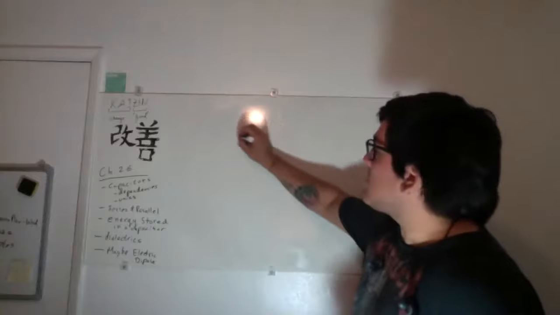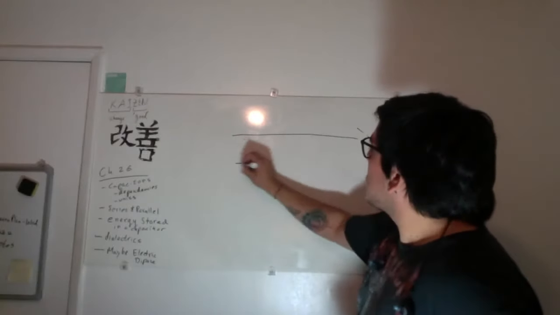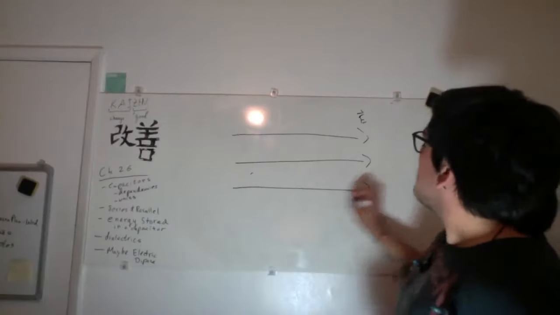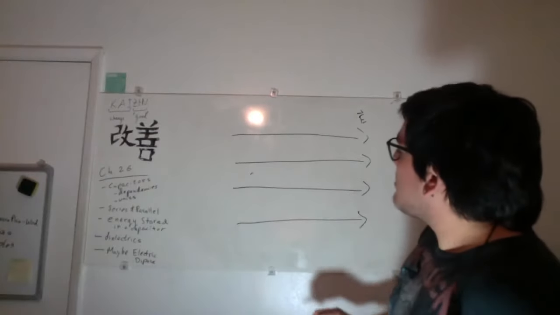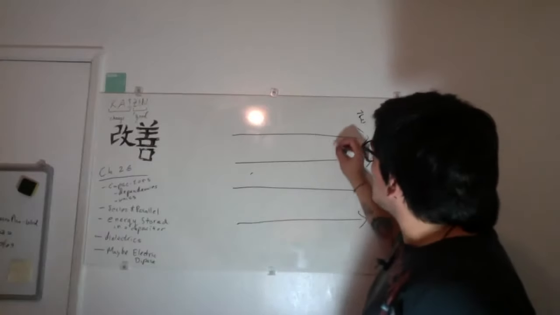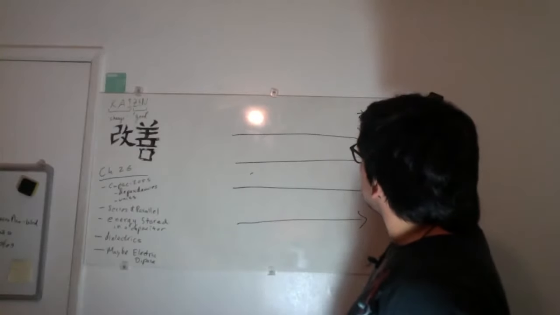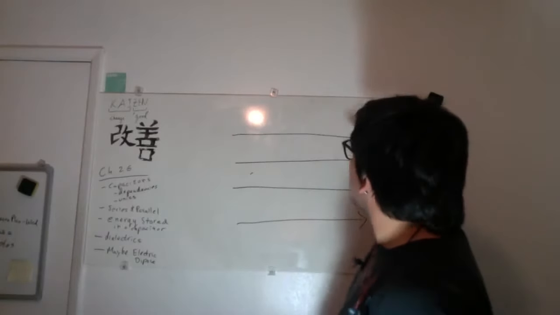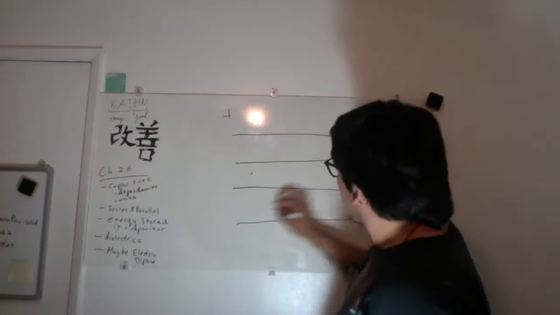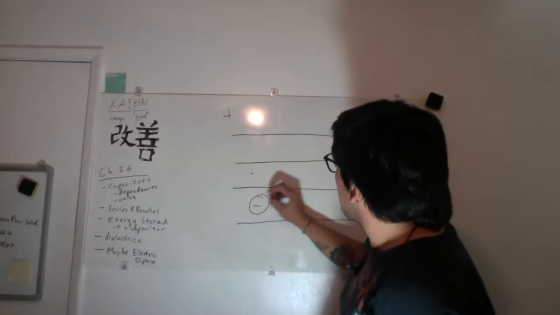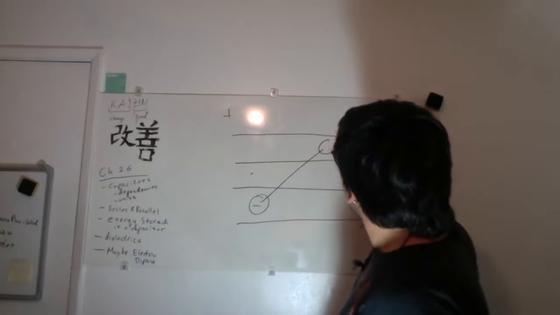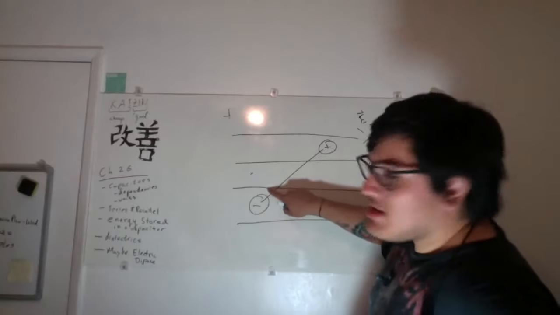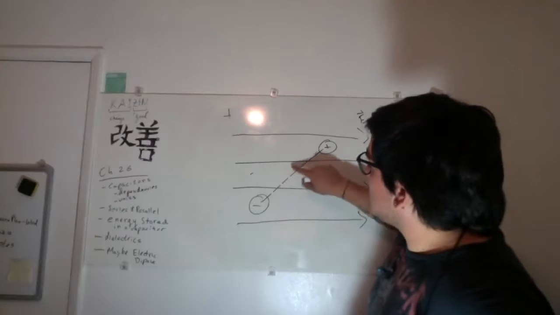So let's take a look at that. You have an electric field here. And I believe it's like this. They're not necessarily joined, but it's like the distance between them.